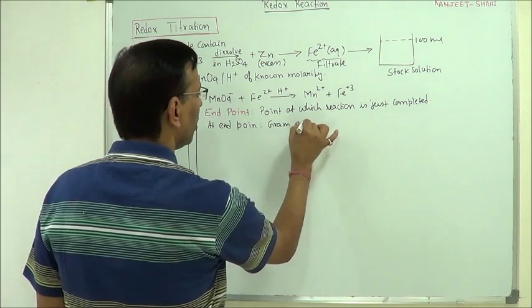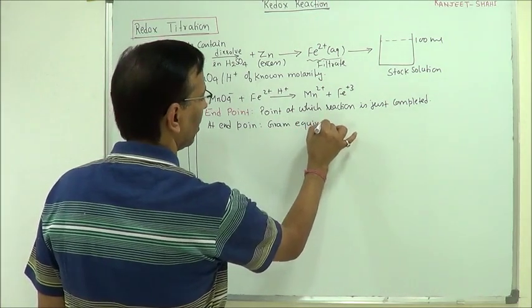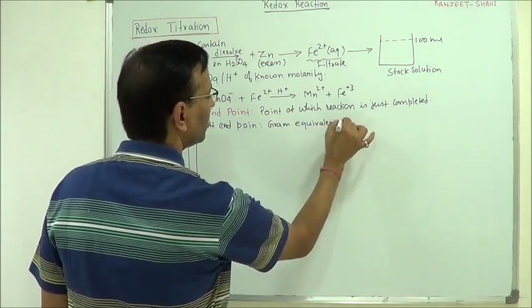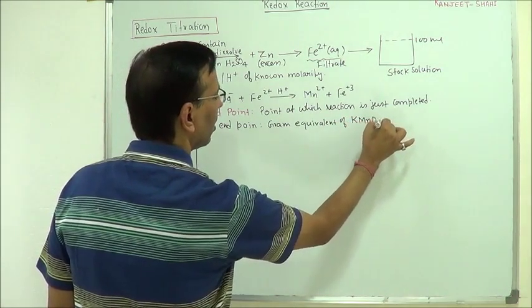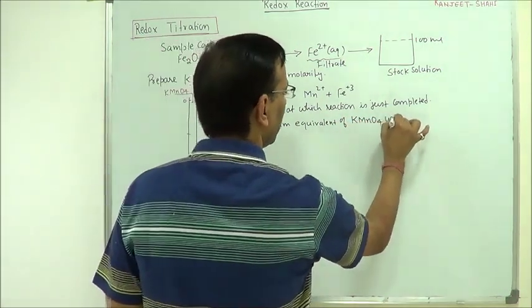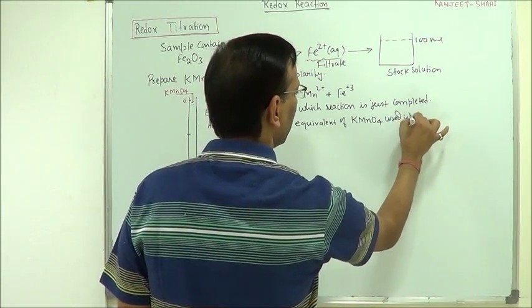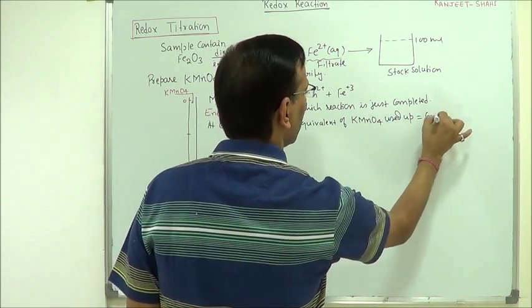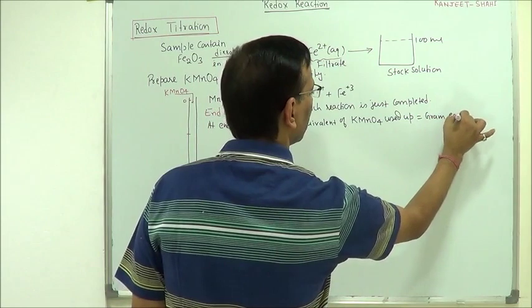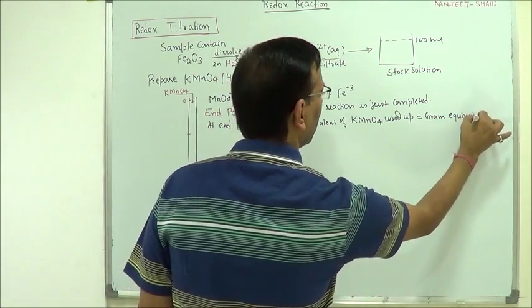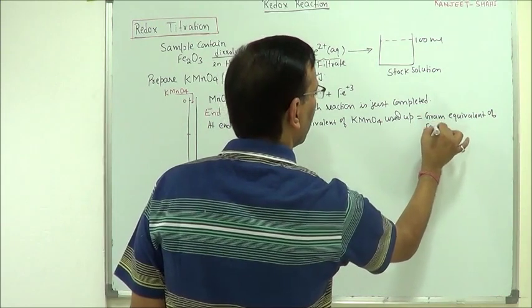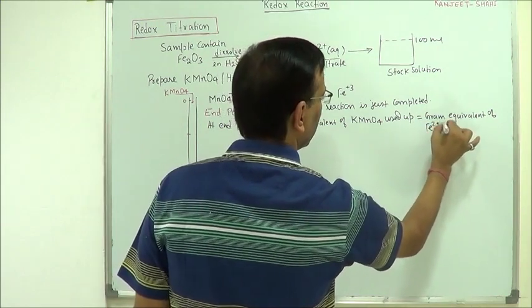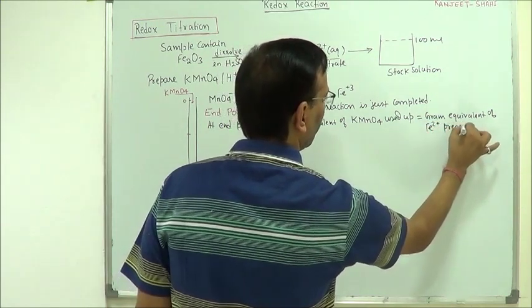Gram equivalent of KMnO4 used up is equal to gram equivalent of ferrous ion present.